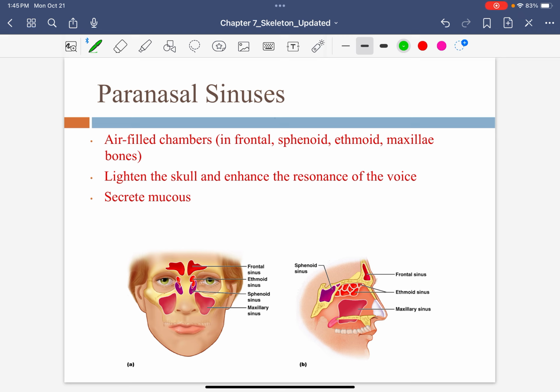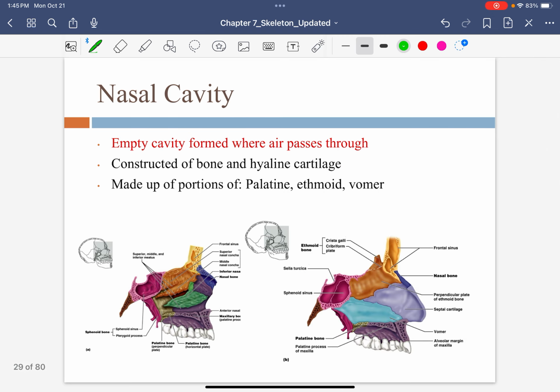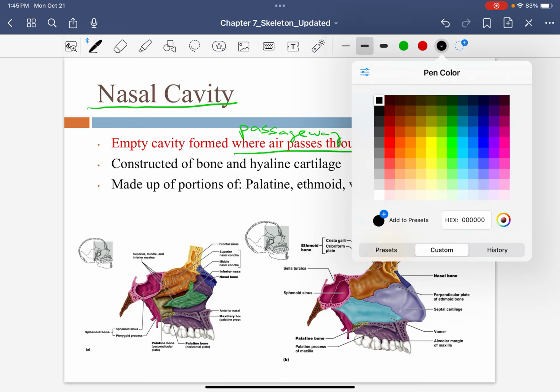So I just want to make sure that you're able to define each of these. The nasal cavity would be the passageway where air passes through. I like the word passageway. Passageway that air passes through.